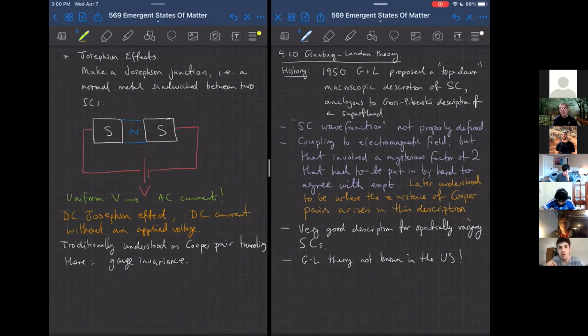And why was it not known? Well, the date was the 1950s, and this was the McCarthy era of anti-communist sentiment.